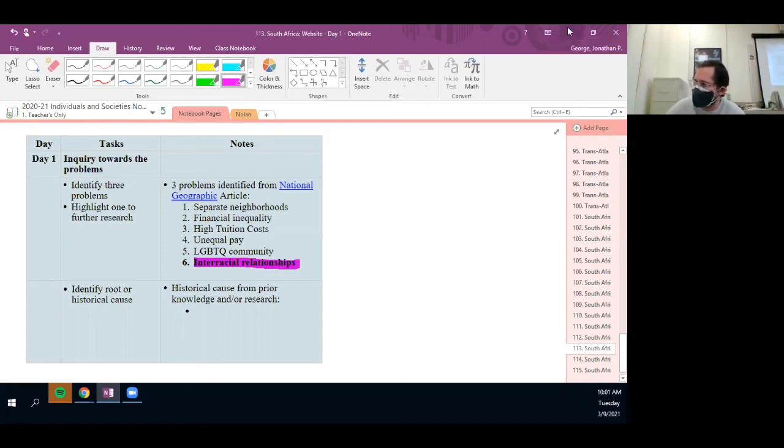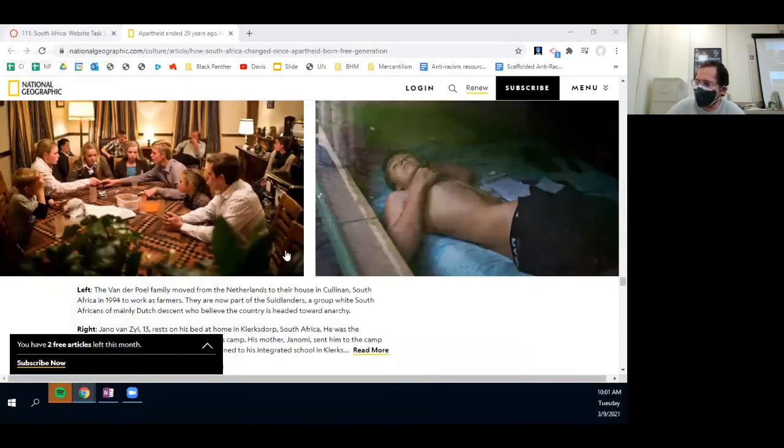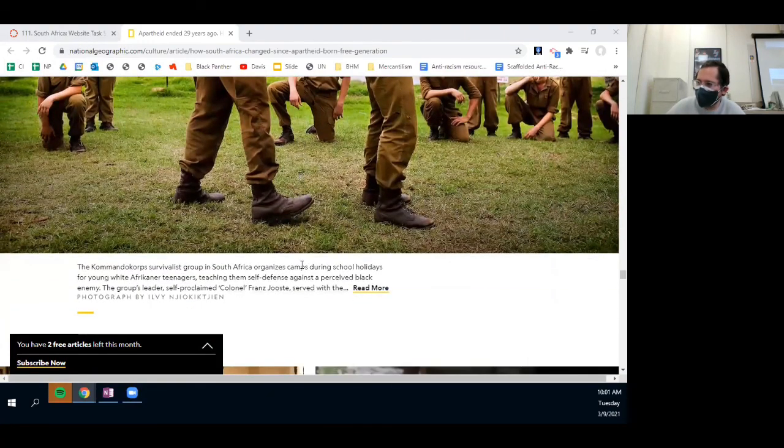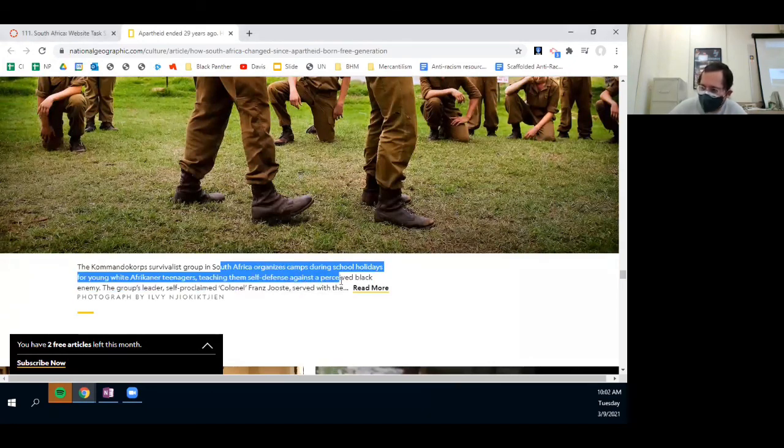All right, let's go. Take it out the door, please. And y'all see this stuff here? Did y'all read that about that camp? Oh man. It's a survivalist group in South Africa that organizes camps during school holidays for young white African teenagers, teaching them self-defense against a perceived black enemy.